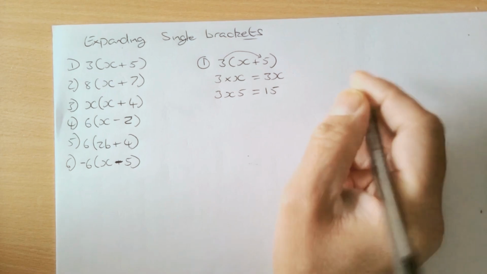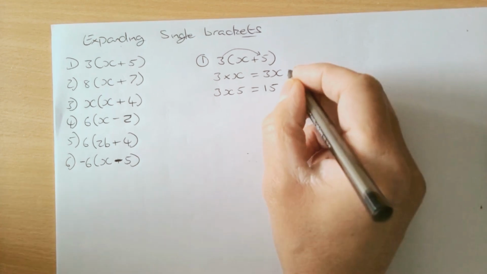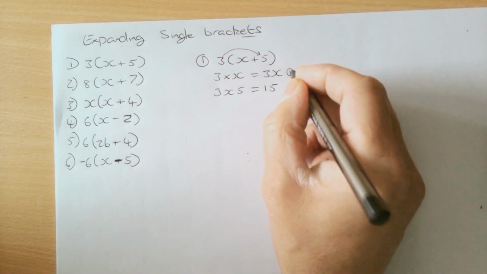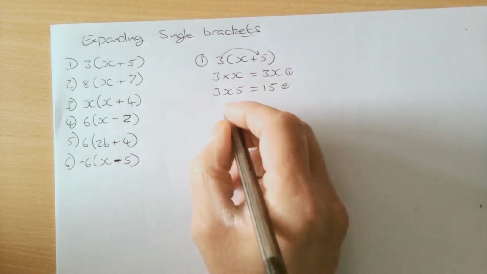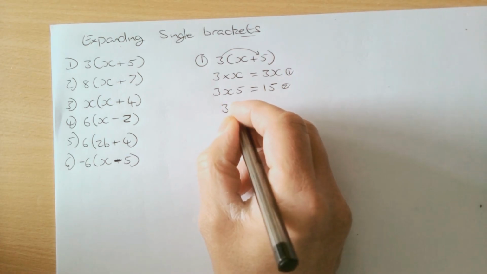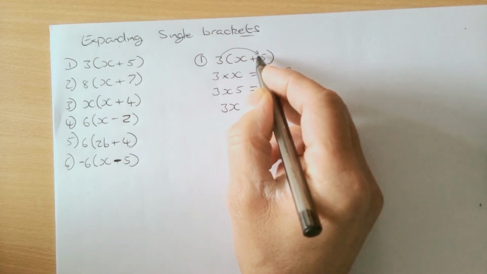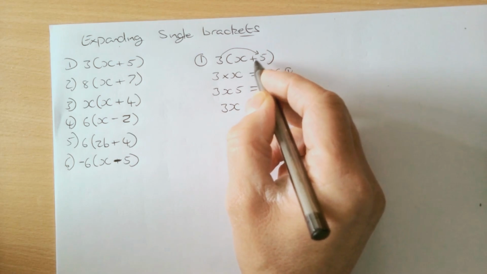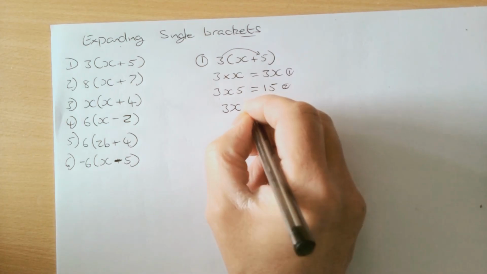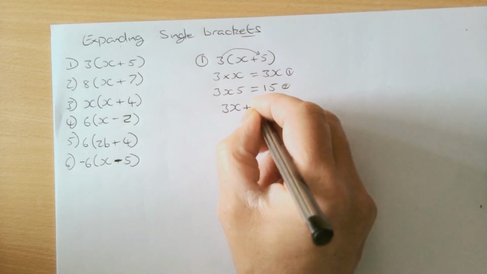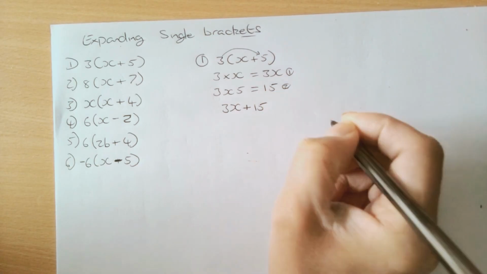So this is your first term here and your second term here. So it will be 3x, you have a plus sign here, so plus 15, and this will be your final answer.